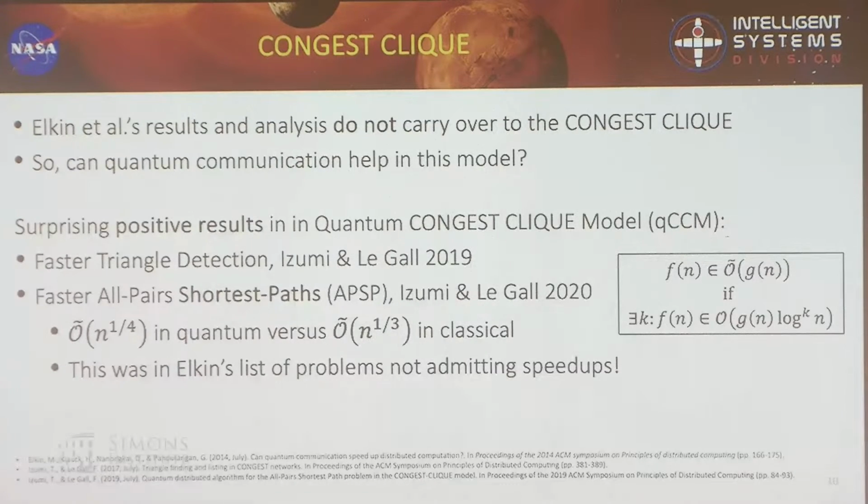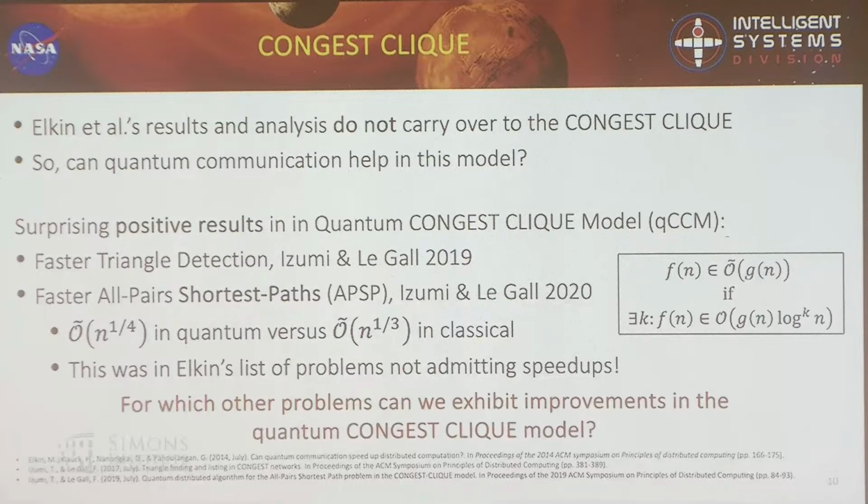And note that these were on Elkin's list of problems that do not admit speedups in the CONGEST case. And so we found particularly the all pairs shortest path inspiring, and wanted to look at what other problems we can exhibit improvements for in the quantum CONGEST-CLIQUE model versus the classical.